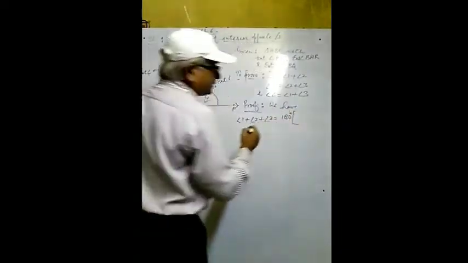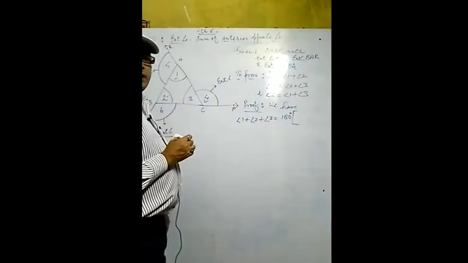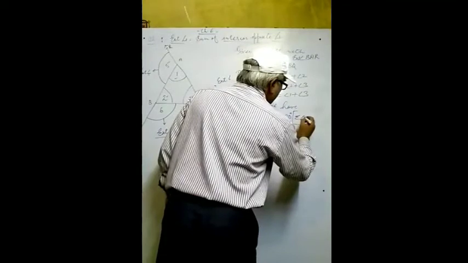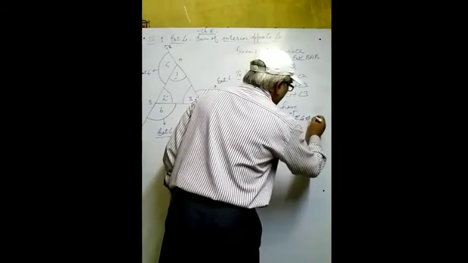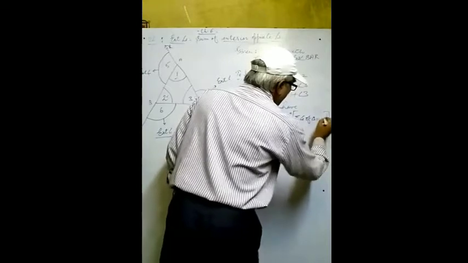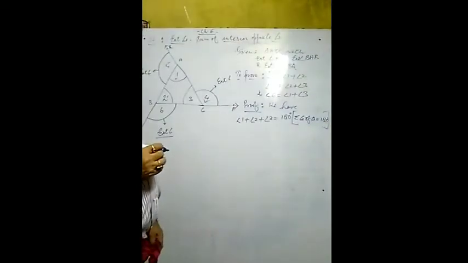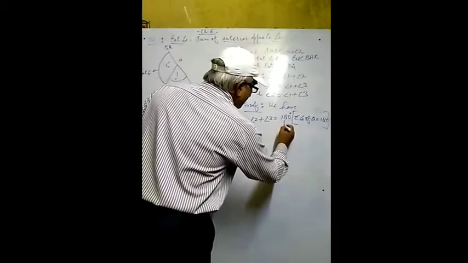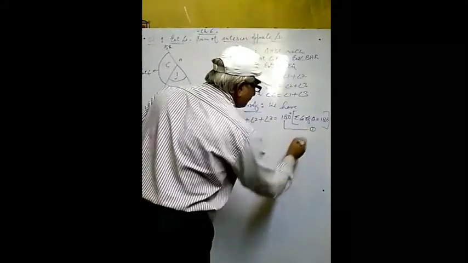And what is the reason? The sum of all the angles of a triangle is 180 degrees. Sigma of angles of a triangle equals 180 degrees, meaning the sum of all the angles of a triangle is always 180 degrees. This is equation number 1.